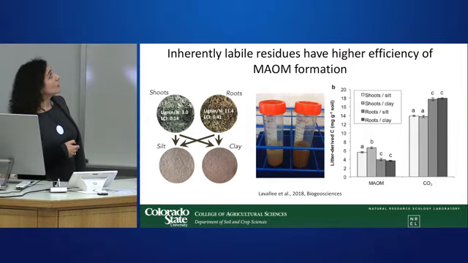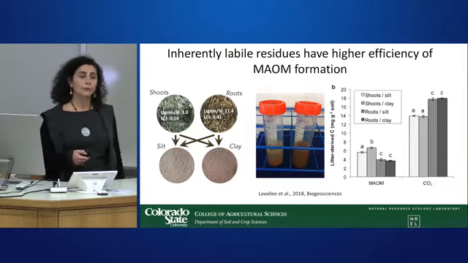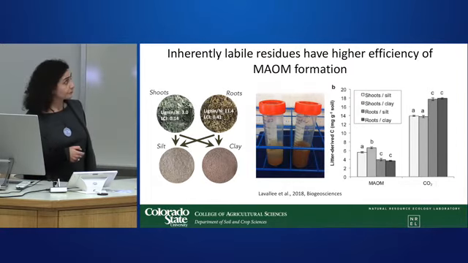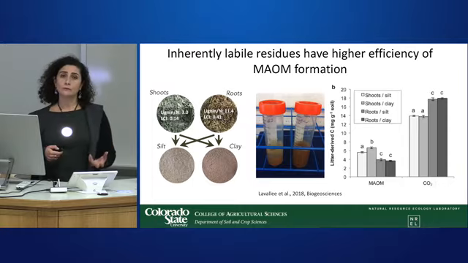But in each of these slurries, she put either shoots or roots that were contrasting in their chemistry. So the roots were more recalcitrant than the shoots, and she mixed them with either silt or clay. She also did temperature analysis and incubated them at different temperatures. But what was very interesting, surprisingly, we didn't see any difference between the minerals.